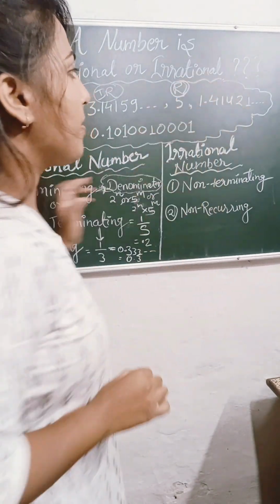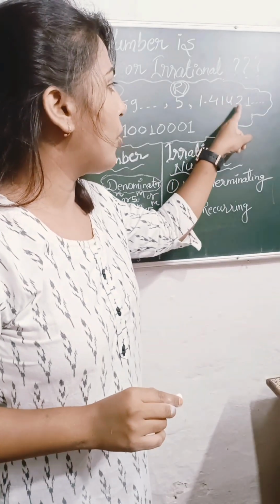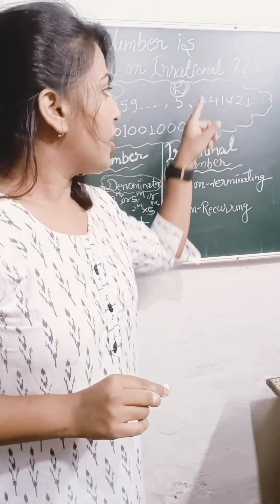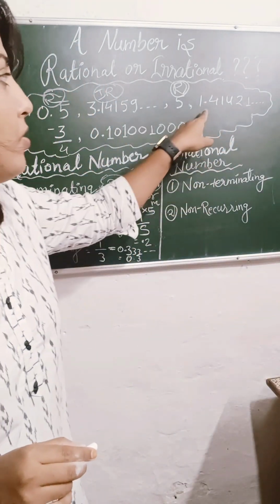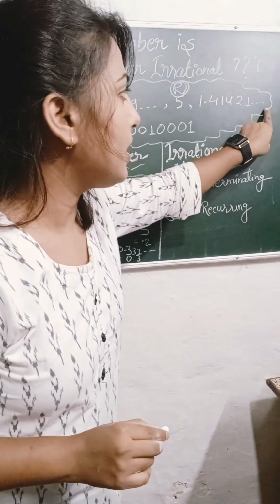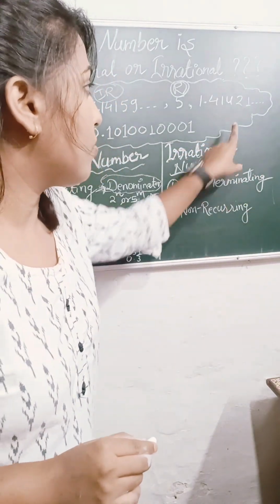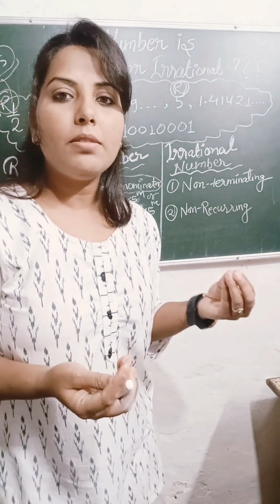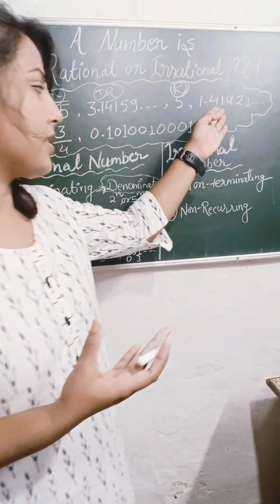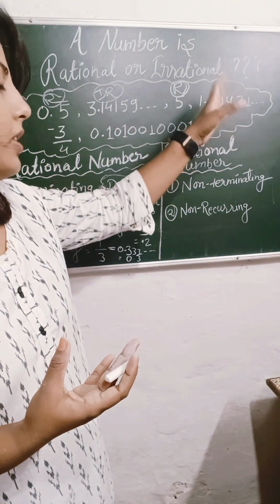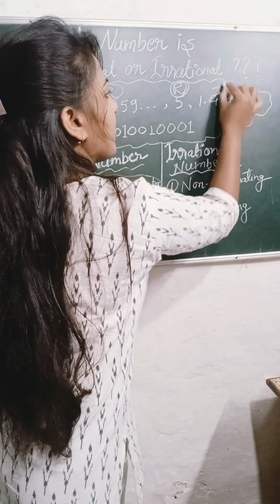Now come to this number, 1.41421 and so on. This number is non-terminating and there is no recurring. Terminating means end, but it doesn't have any termination, so this is also an irrational number.